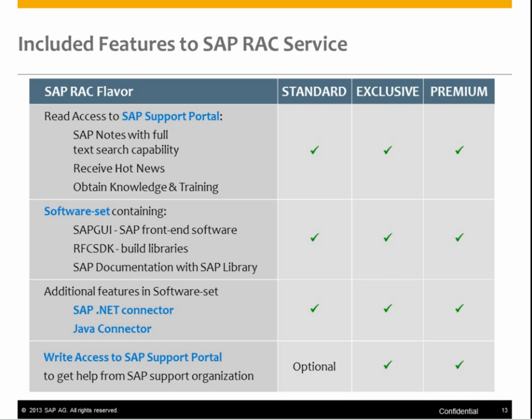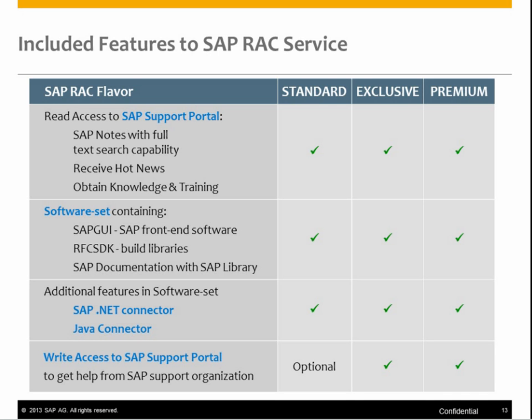In addition to the software set, you will get the so-called SAP .NET Connector and Java Connector, that are two software tools where you can easily connect, for example, to the C# and .NET environment of the Microsoft environments, and with the Java connector, you can easily connect SAP applications to the Java environment and to the Java world.